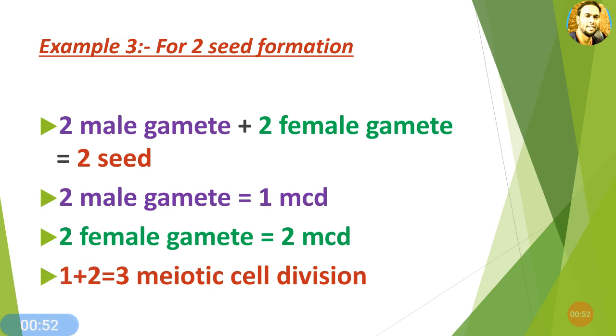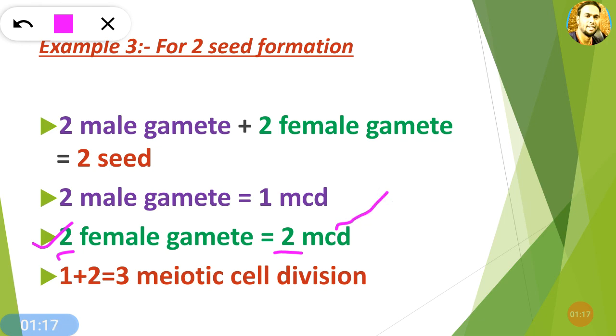And what about the female gamete? 2 female gametes are needed. As you know, the formula is that the number of female gametes is equal to the number of meiotic cell divisions. So here 2 female gametes are the requirement. That's why 2 meiotic cell divisions are needed.